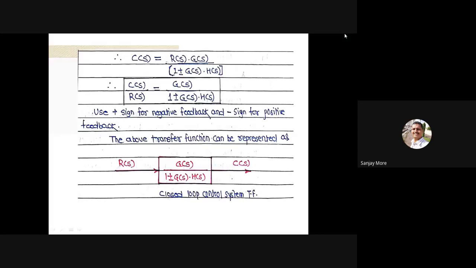Therefore, C(S) is equal to R(S) into G(S) divided by in bracket 1 plus minus G(S) into H(S).